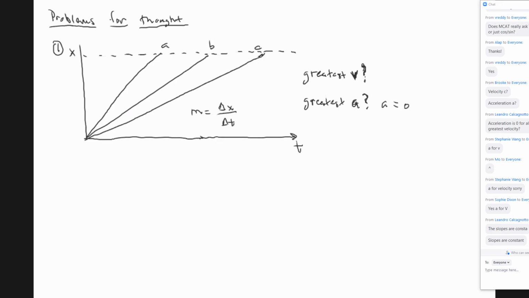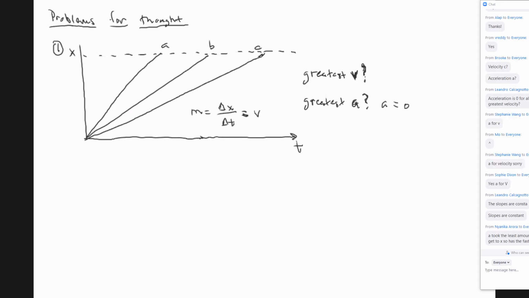Didn't we define that as velocity? So the one with the steepest slope, yes. Nanika? Yeah, the one that took the least amount of time, because they all have the same change in x, will be the fastest. That is correct. So since they all traveled the same, right?